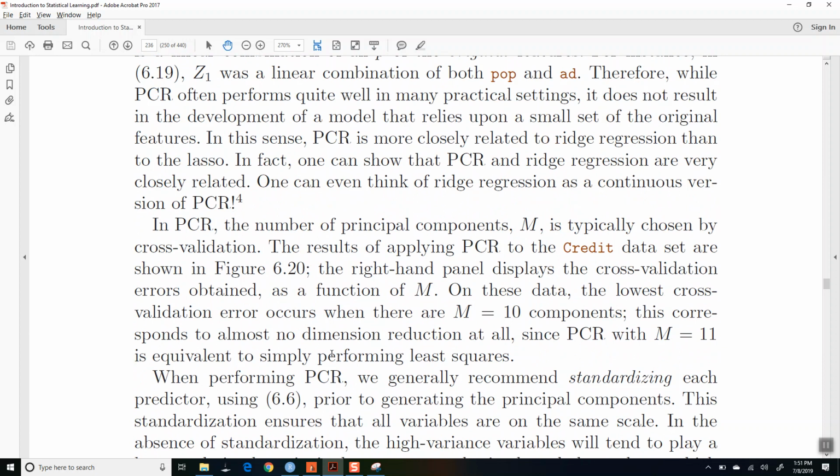So let me think of maybe an easier example. I don't know if this is easier. If you look at a data set on house prices, there might be a ton of variables. Variables like square footage of the house, how many bedrooms, how many bathrooms, square footage of the basement, square footage of the lot, all sorts of stuff.